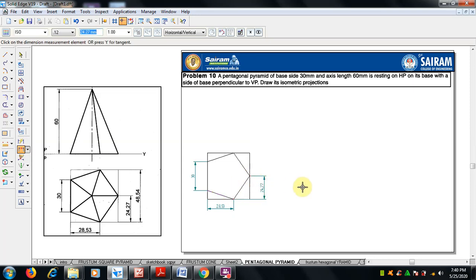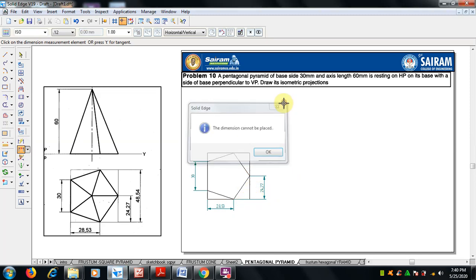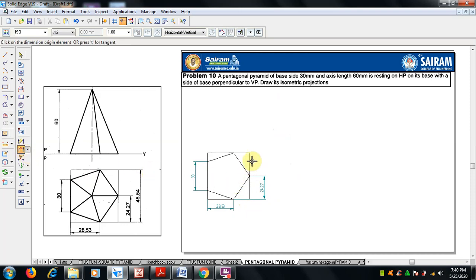So 24.27, and from the end of this point to the end of this point, you can see it is 48.54.